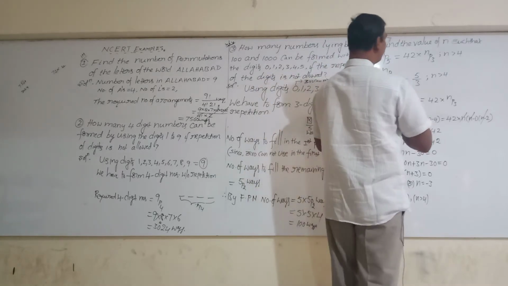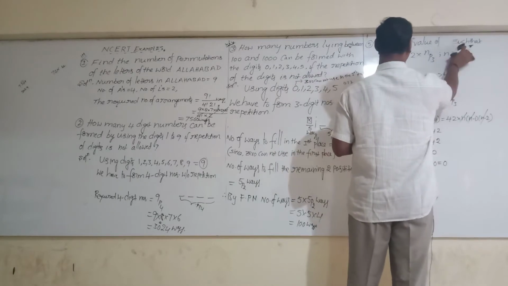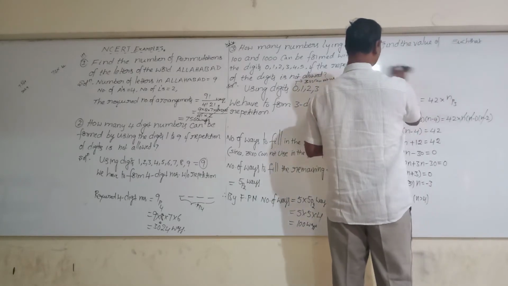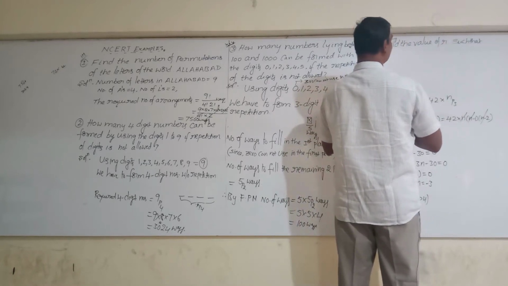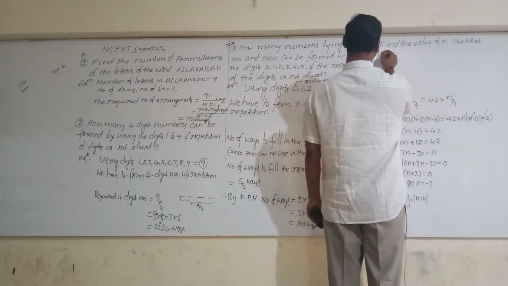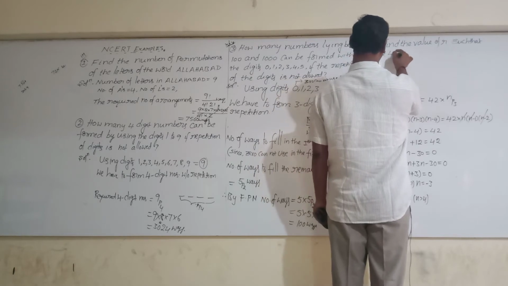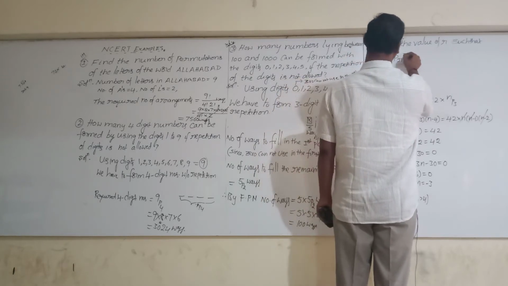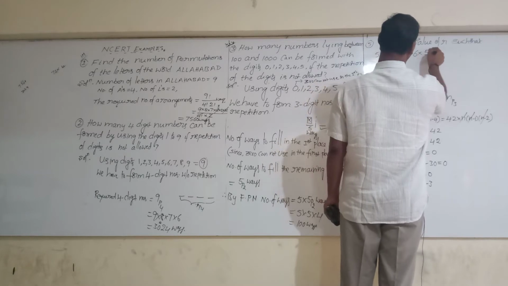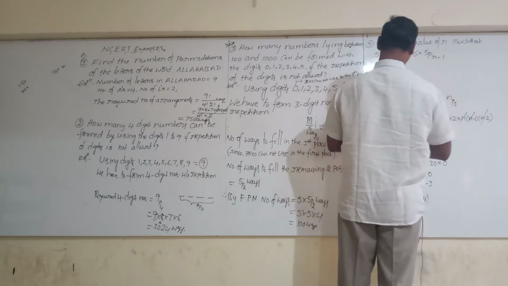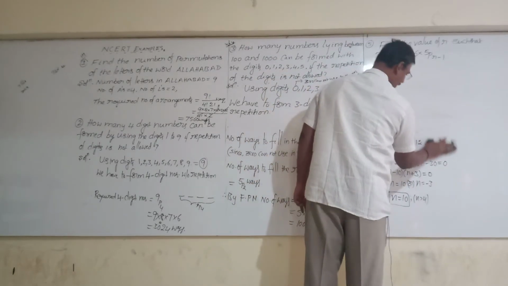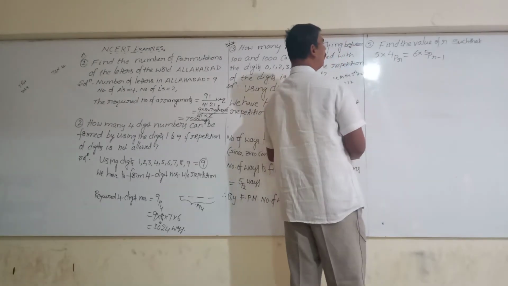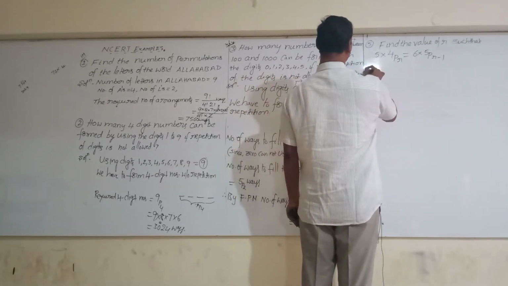Find the value of r. Next problem I write here. These two questions are important. Find the value of r such that 5 into 4Pr equals 6 into 5P(r minus 1).